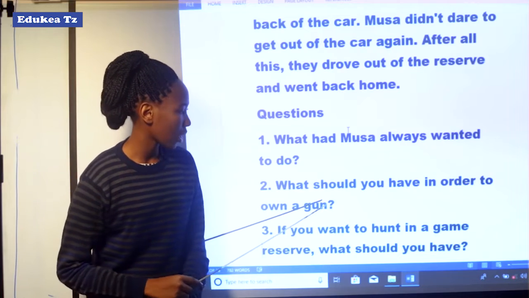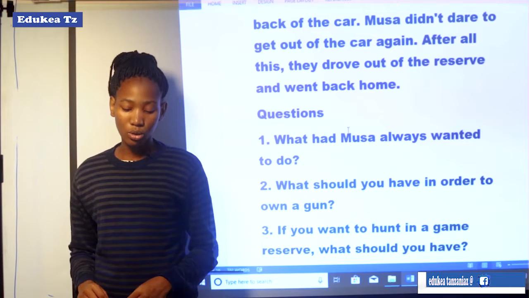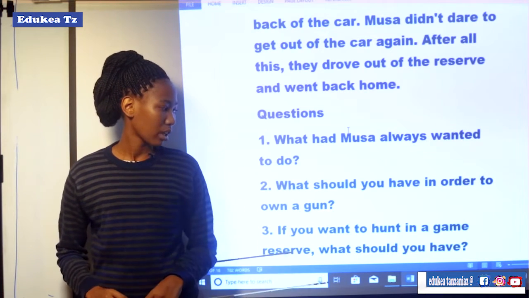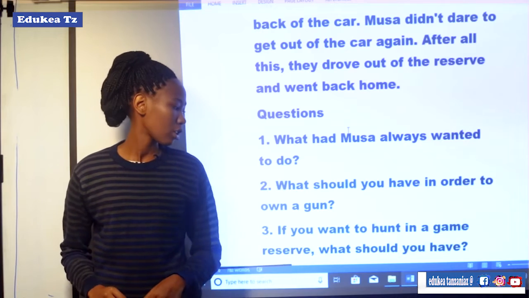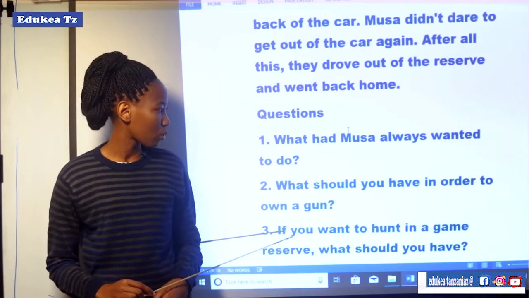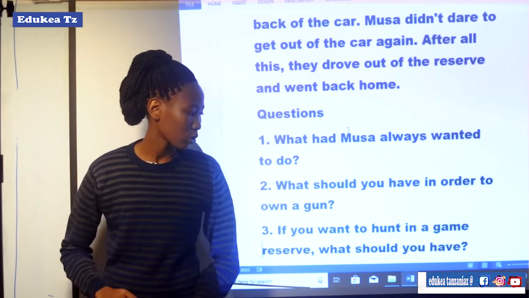Another question is, what should you have in order to own a gun? In this question we should write what you should have in order to own a gun. The third question is, if we wanted to hunt in a game reserve, what should you have?